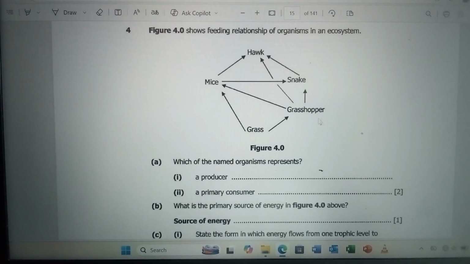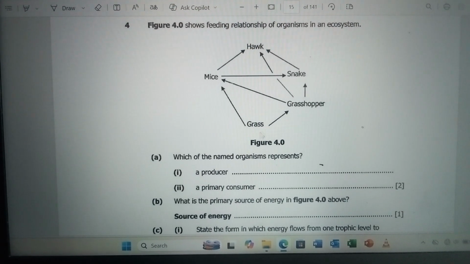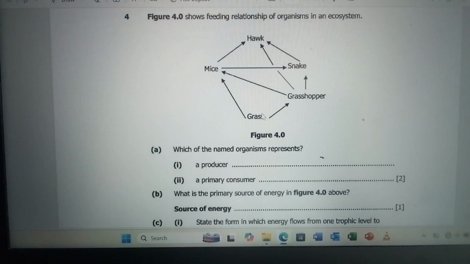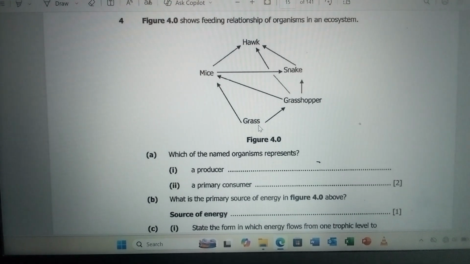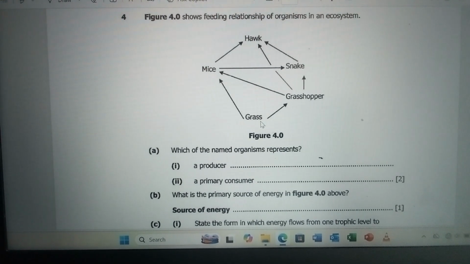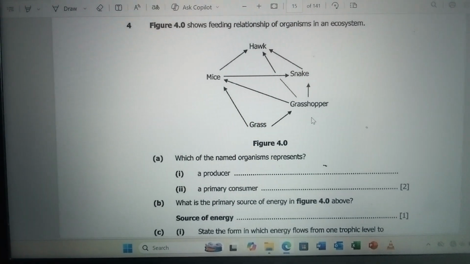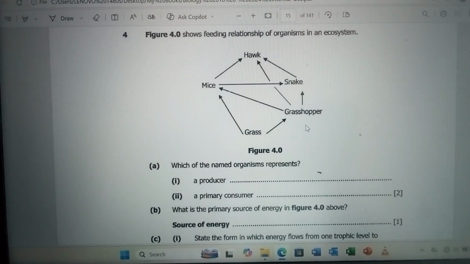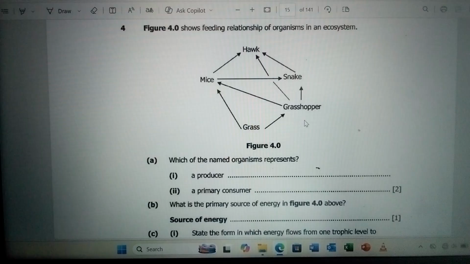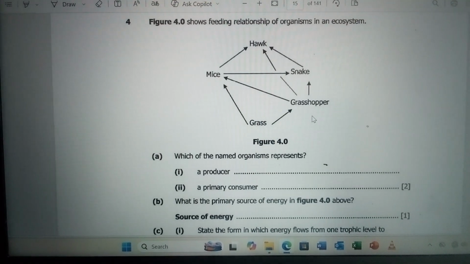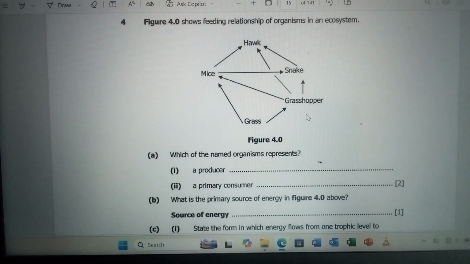Producers are green plants. The grass there is called the producer, but organisms feeding on the producers, we refer to them as the primary consumers, and then organisms feeding on the primary consumers are called secondary consumers, and organisms feeding on the secondary consumers are called the tertiary consumers.